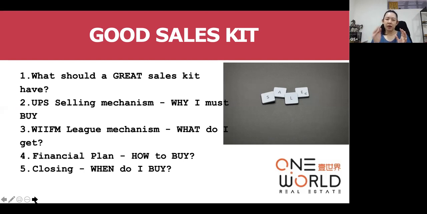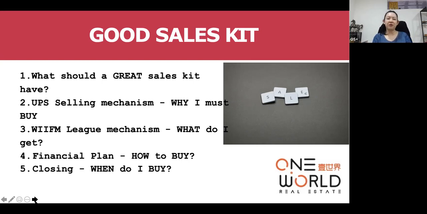If your sales kit is good, then whenever the customer wants anything, you'll be able to provide them information from the sales kit. And always remember, information itself will not create any impact to them. The most important thing is that you need to get them to have the courage to put down the deposit.